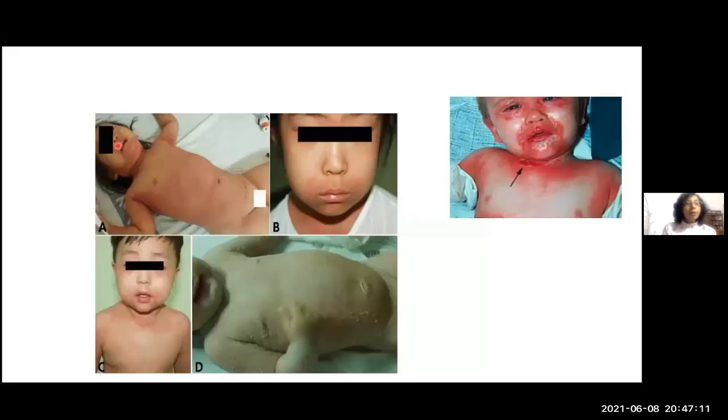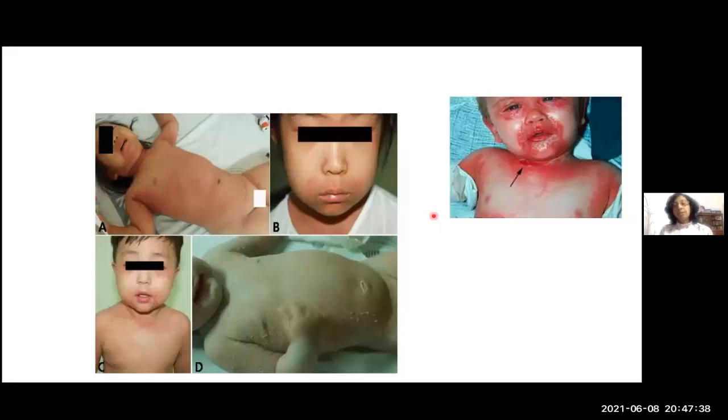So I hope you can appreciate this perioral pallor, perioral fissuring. Here also you can see, right? And around the eyes, around the nose. So ill febrile child having this perioral or periorificial lesions.